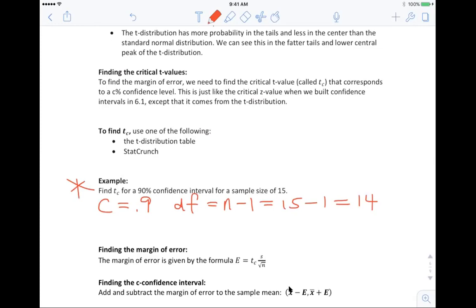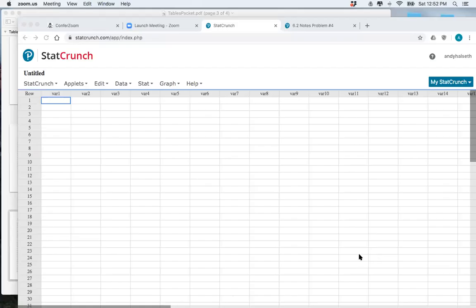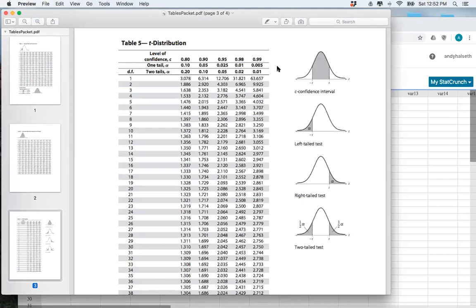Okay, so if I go to my table, let me switch that over real quick, and so we can look at that. Here it is. It's in your tables packet. You have access to that. It's table 5, right?